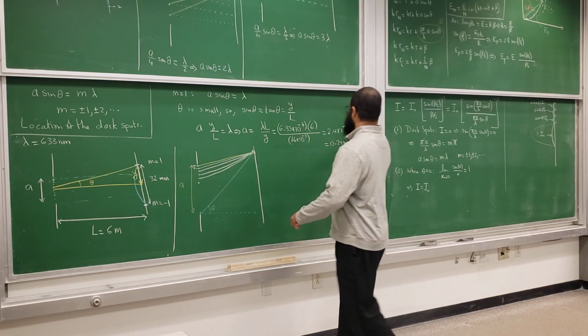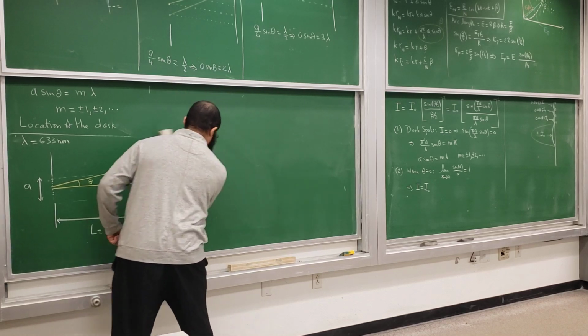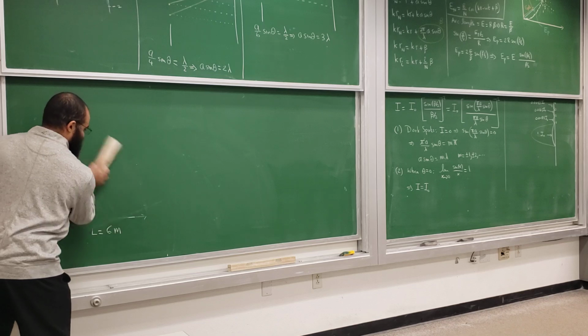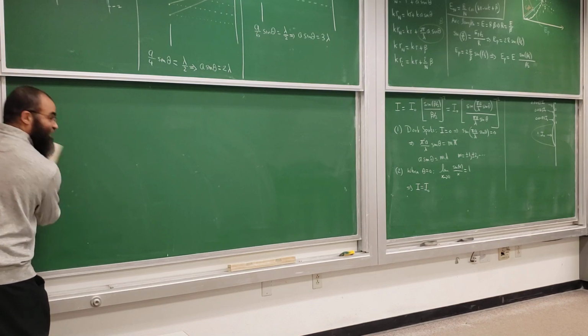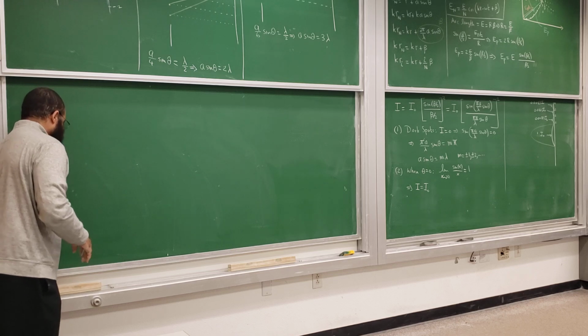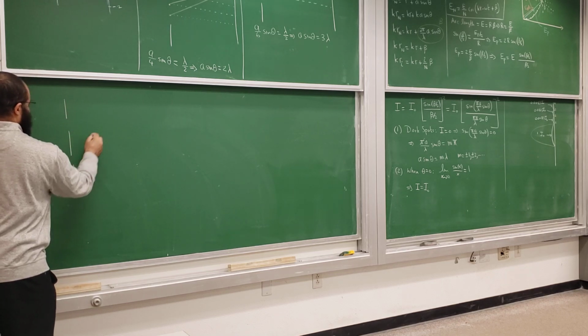Let me erase here. What would change? Will you divide it by n? Yeah. That's basically it. So if you're doing it underwater, this is the double slit, right?